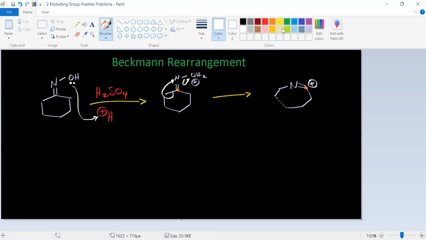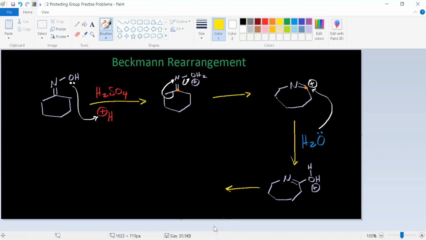At this point, if we suggested some water came along, so here's some H2O, it would be attracted to the positive charge, and its electrons would be given up to that carbon. When you do that, you get what would look like this down here, and there's your oxygen with one proton hanging out, positively charged.